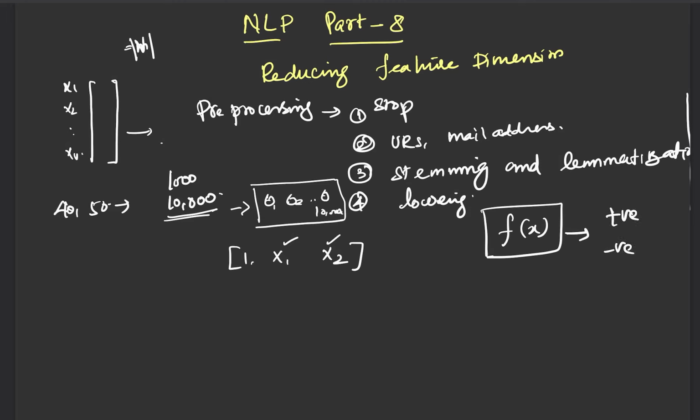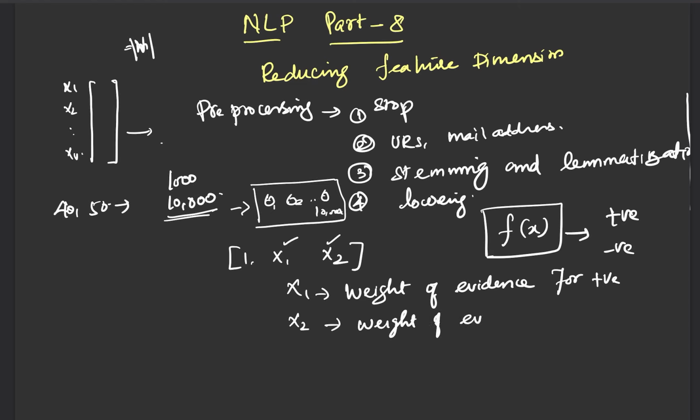So, here we create two features. One feature, this x1, is defining the weight of evidence for positive sentiment, and the second feature x2 is specifying the weight of evidence for the negative sentiment.